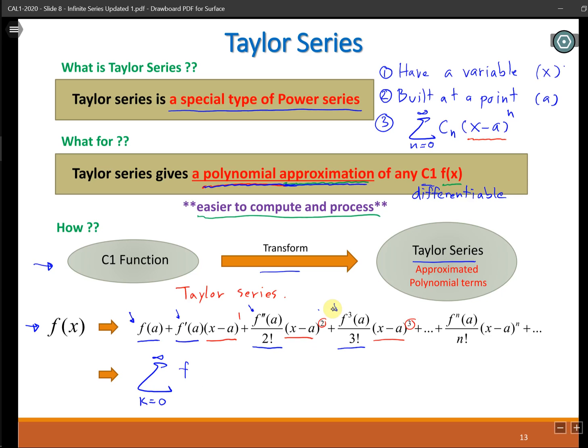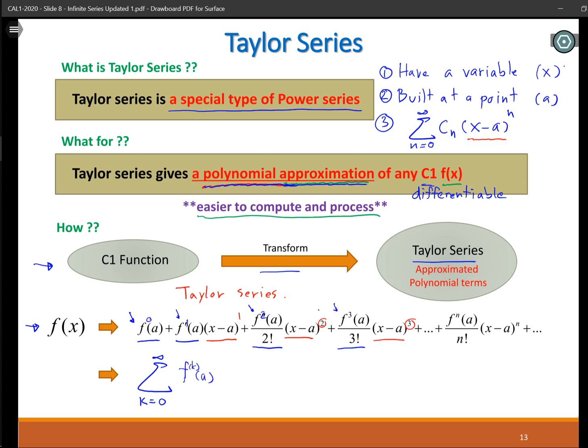So definitely we have this f evaluated at a, but not just f. We have this order of derivative, and it starts at 0. 0 derivative of f is basically the function itself. Then we have this first order, second order, third order, and it keeps going. So what we have here is this index k, which indicates the order of derivative for this f.